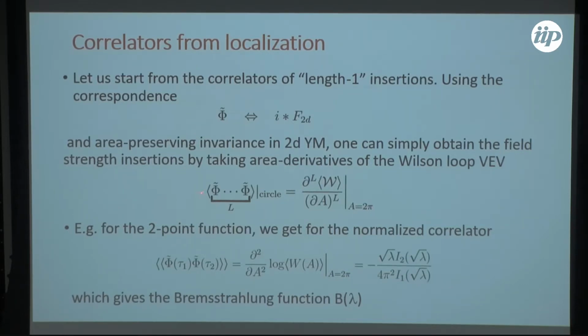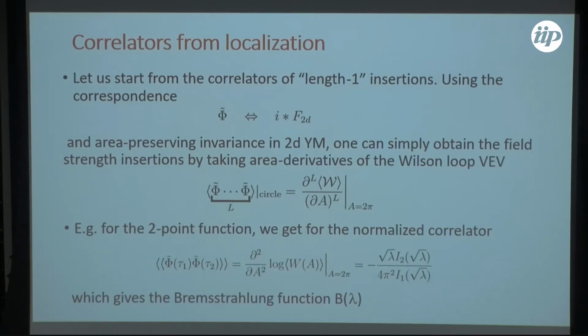So inserting any number of these operators somewhere on the Wilson loop can be obtained by just taking L derivatives of the Wilson loop expectation value with respect to area. So this inserts L operators inside the Wilson loop at separate points.